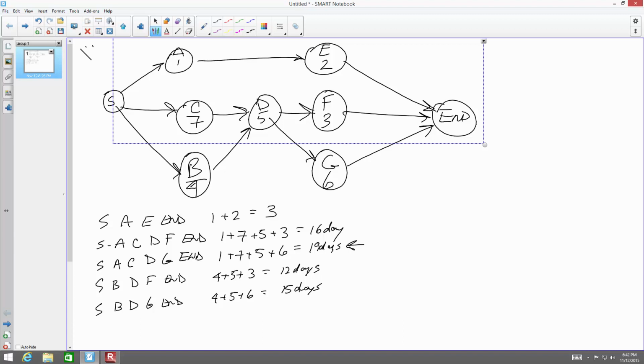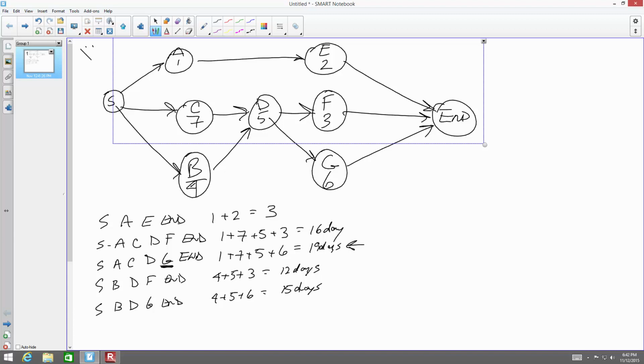So float is how many extra days you would have to complete a task that is not on the critical path. In this particular case, G is in this critical path line, so G is a critical path activity, therefore there is zero float.